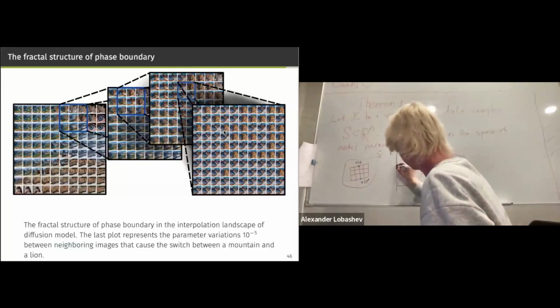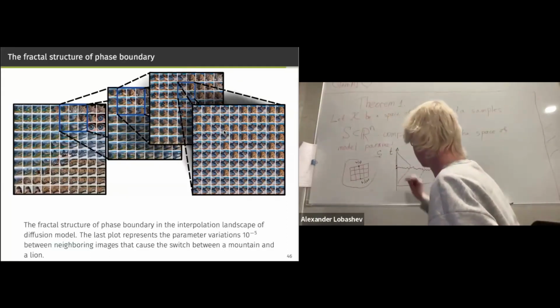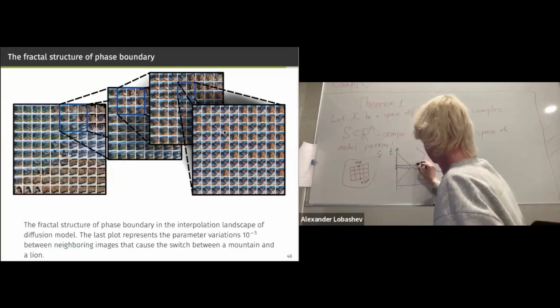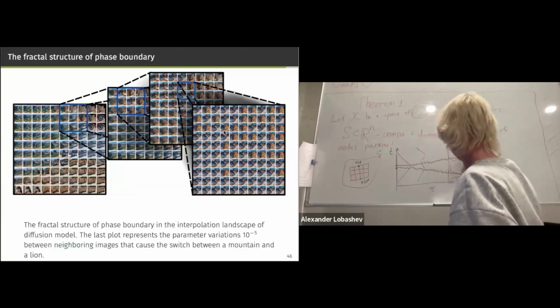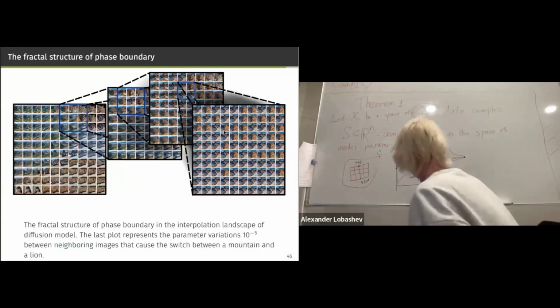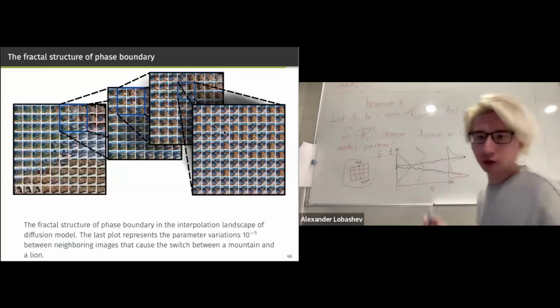But if we take this close latent variable and we run the diffusion inverse process, then we will end up in the other mode.